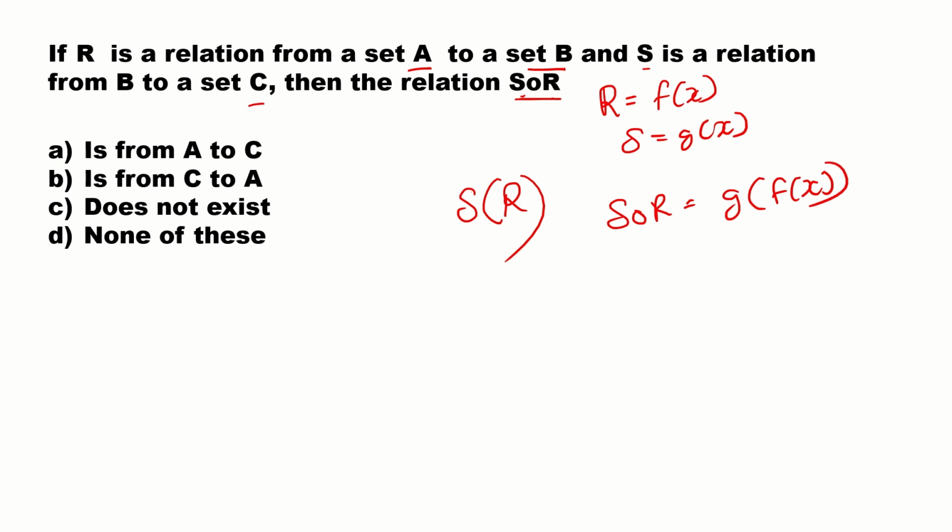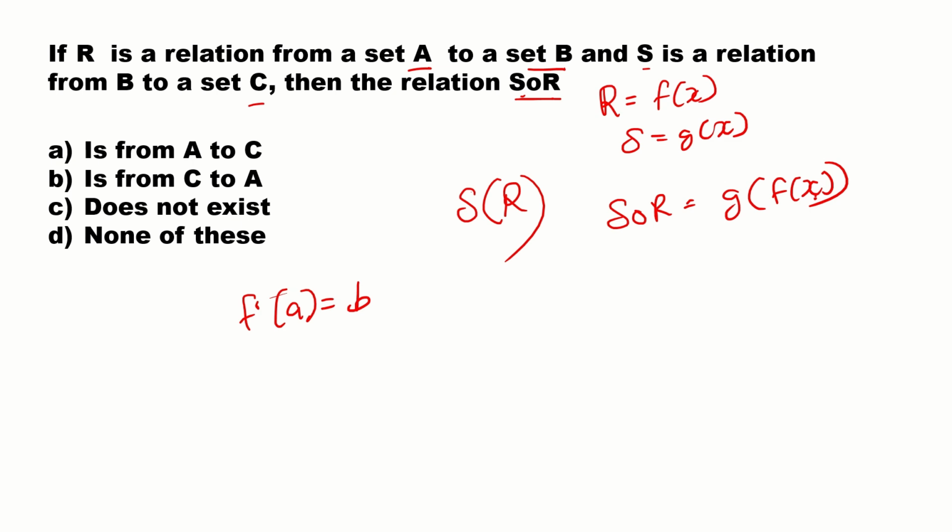To find the domain and codomain, first we need to find what we have to input and then what would be the output. So let's say f of a equals b.